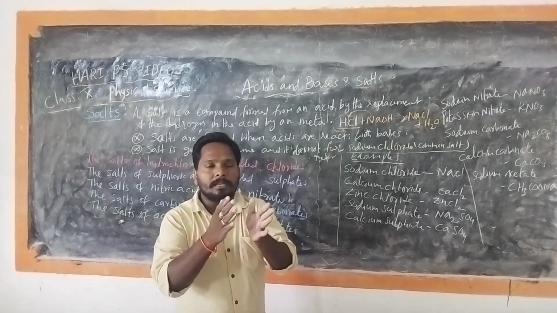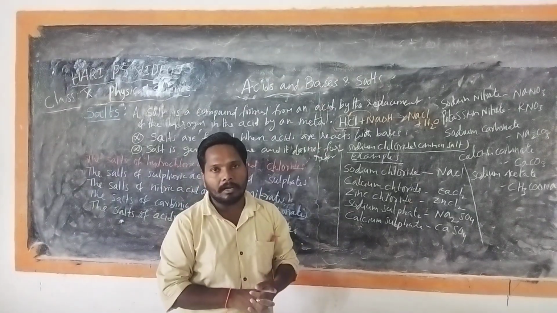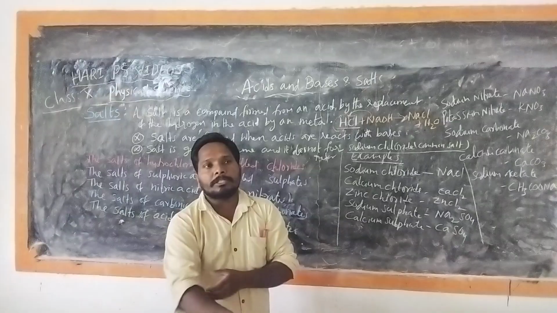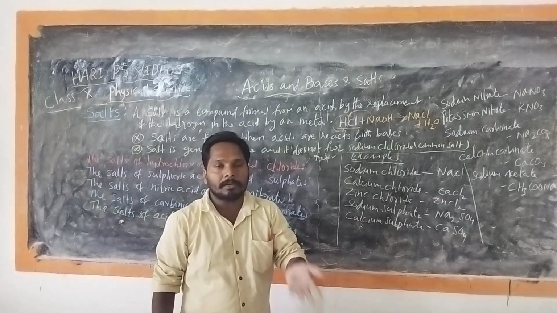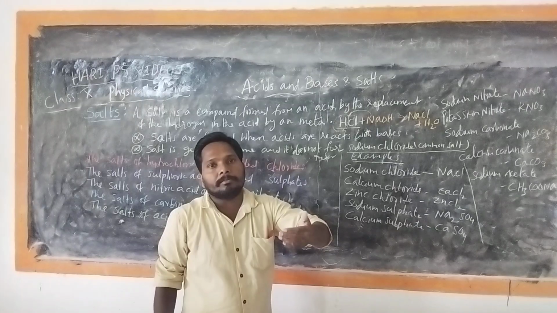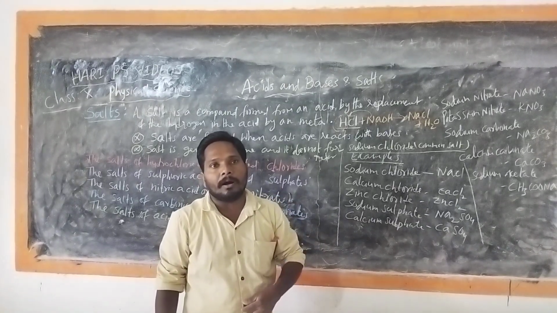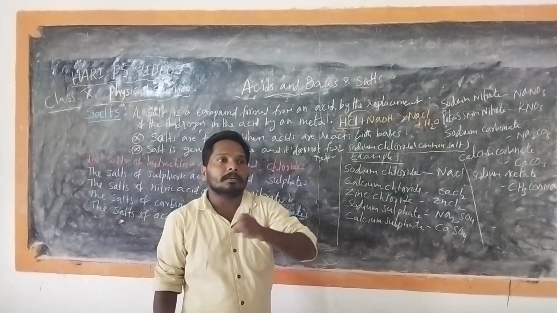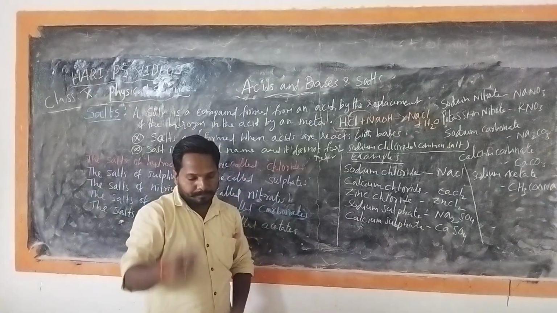This hydrogen is replaced by sodium or any metal, so a new substance is formed. That new substance we can call a salt. By the reaction between acids and bases, a new substance is formed. We can call it a chemical salt.